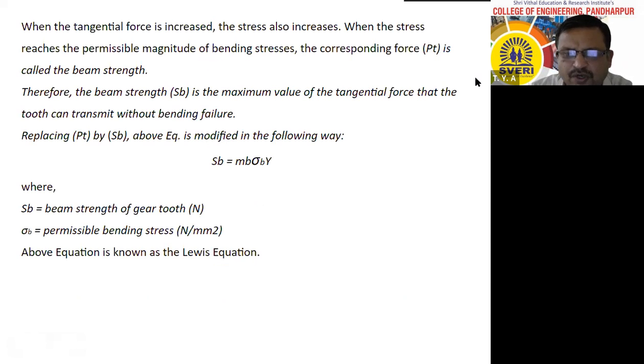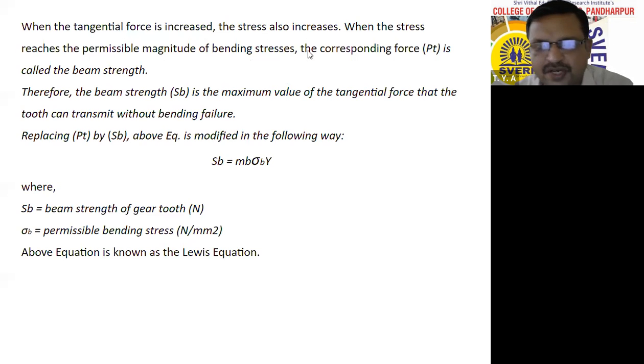Therefore, what will happen? When the tangential force is increased, the stress also increases. Which stress? Bending stress. When the stress reaches the permissible magnitude of bending stress, the corresponding force PT is called beam strength.